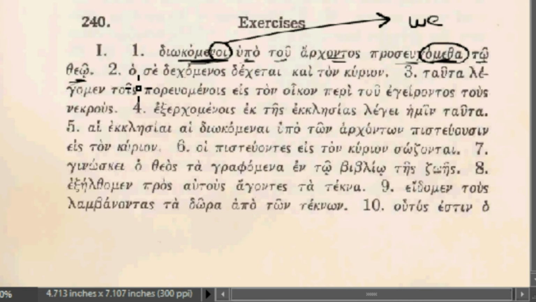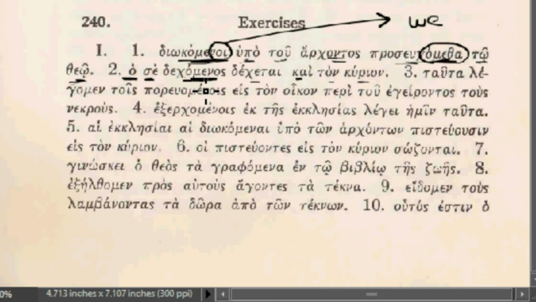All right, the next exercise here is ho se dekomenos deketai kai ton kurion. Interesting, isn't it? The, ho, se is the or you in the accusative. So I know it's going to be the direct object of something. So the, you, dekomenos, from dekomai, receive.